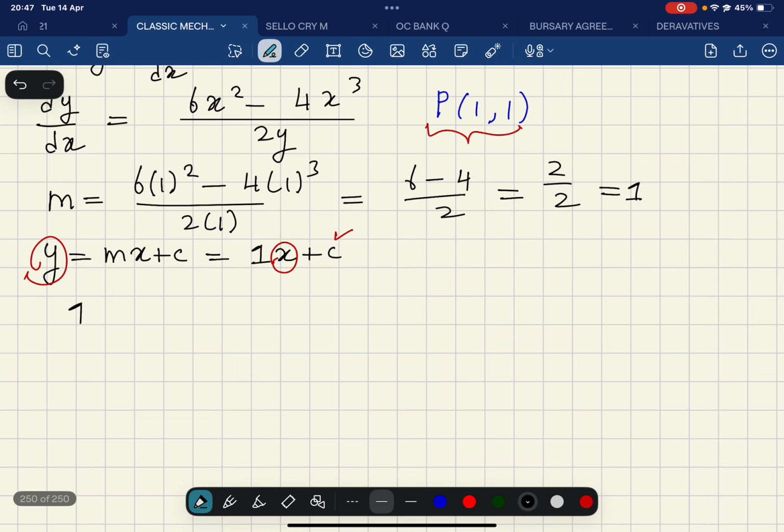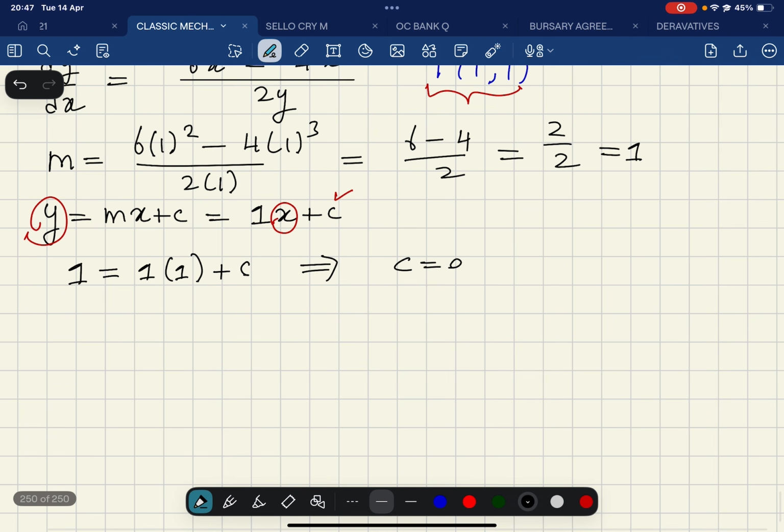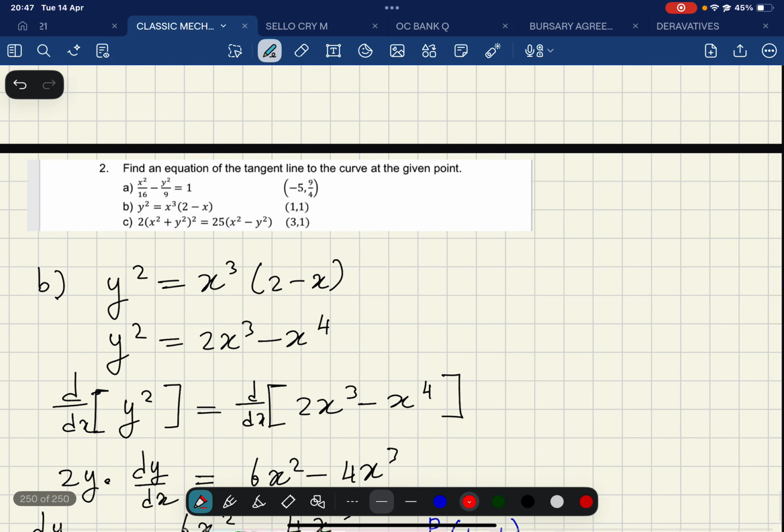So I'm going to have the value of 1 as y, then I have 1 times the value of x as 1 plus c. Meaning when I take things on the left hand side, the value of c is equal to 0, which means the equation of the line is y equal to x. Then from there, you are done. We are moving to the next section.